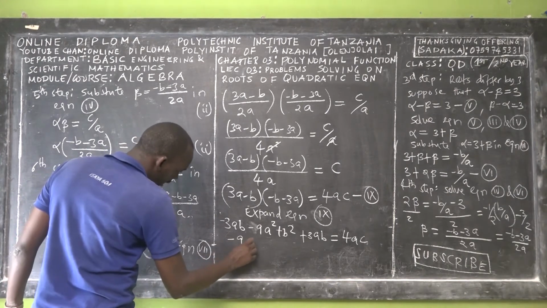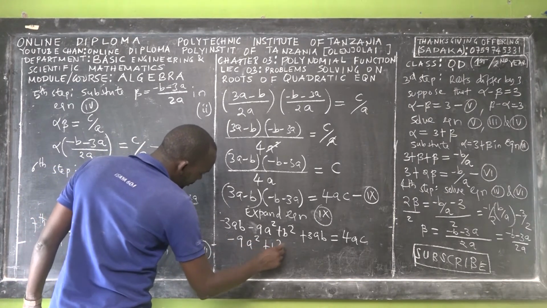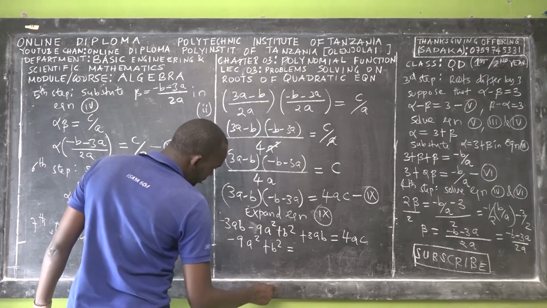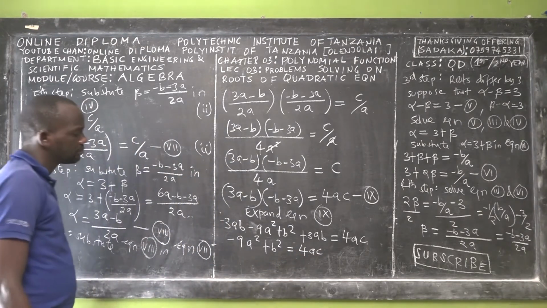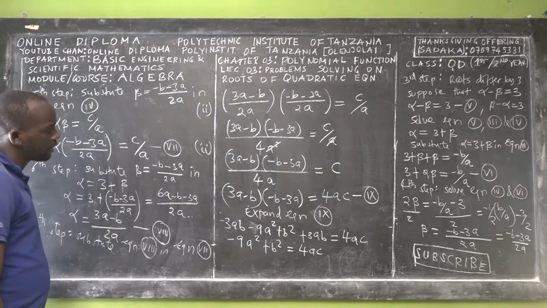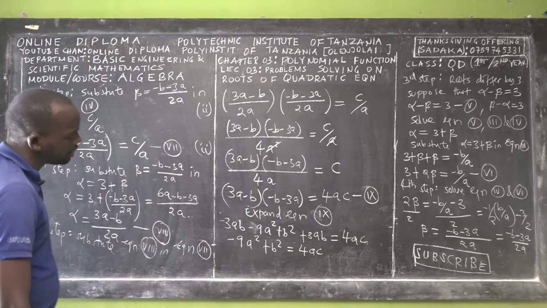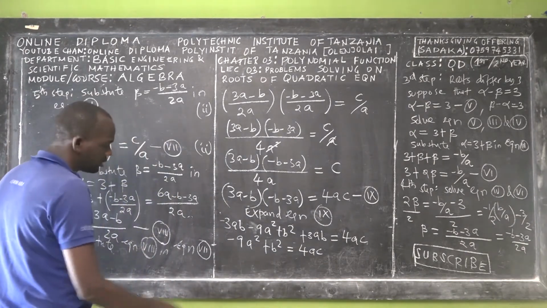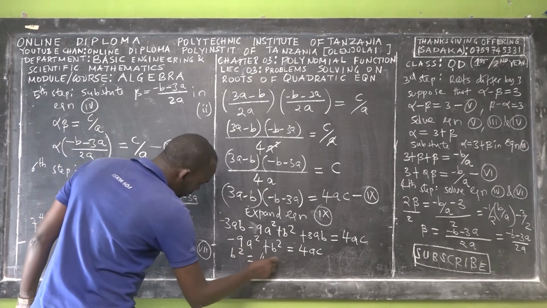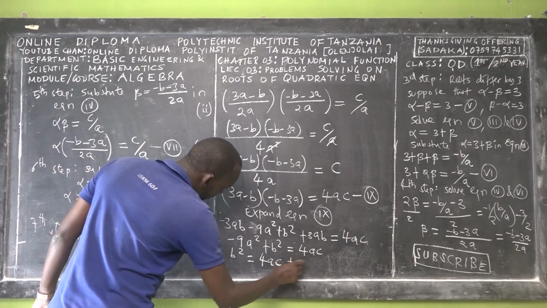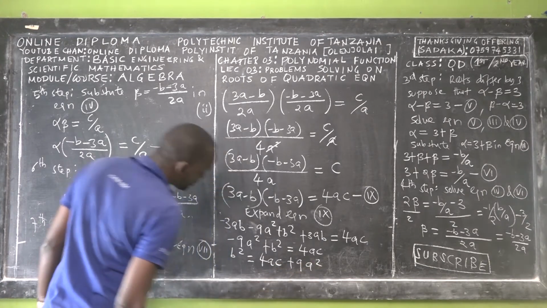So negative 9a squared plus b squared is equal to 4ac. Remember that the expression should be given with b squared as the subject. So to make b squared the subject, this will make 4ac plus 9a squared.